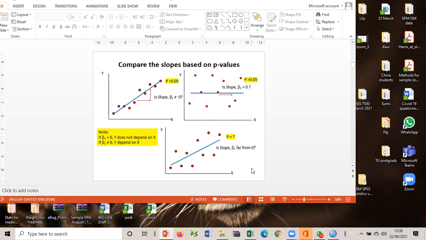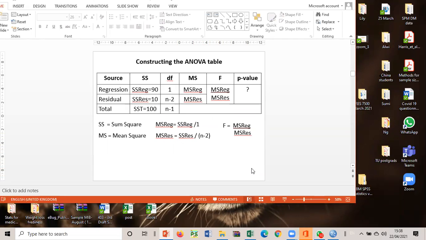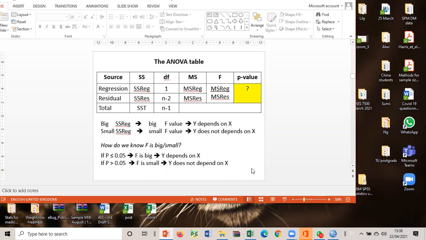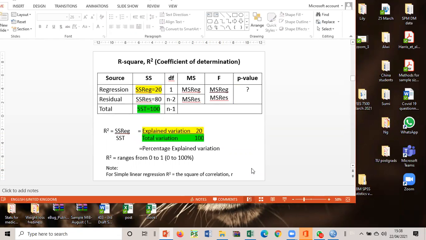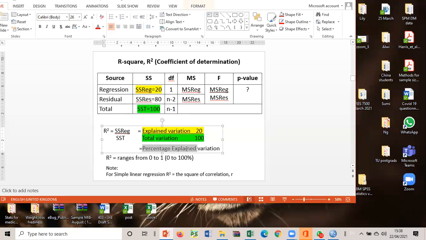Right? R square tells you how strong your model is. What's R square? Percentage of explained variation. Why do I call it explained? Because it's explained variation. It does explain, so there must be unexplained, right?